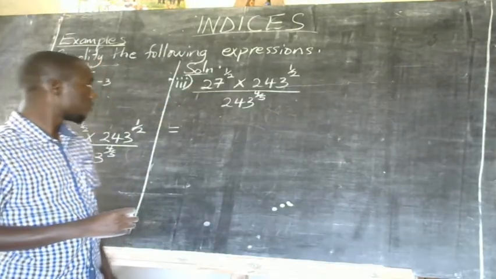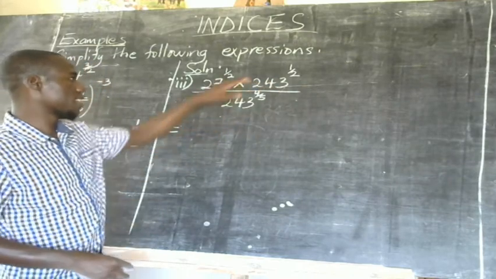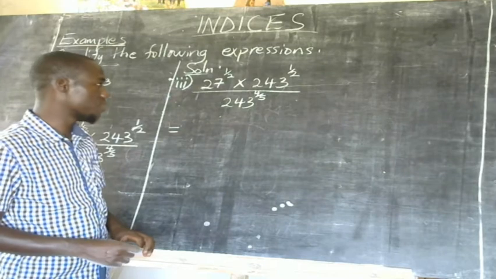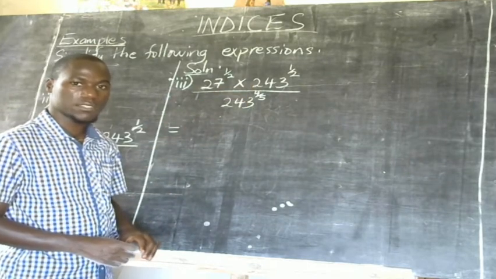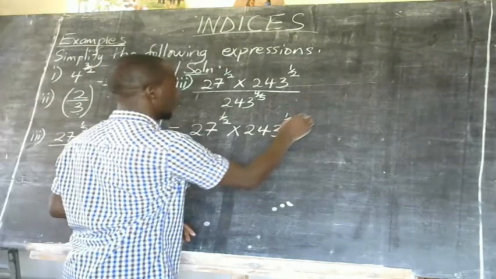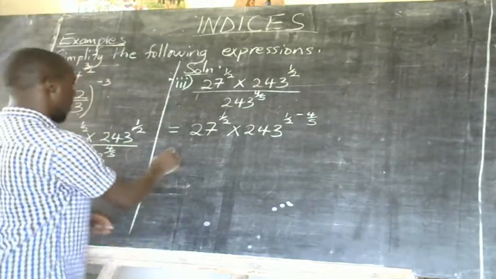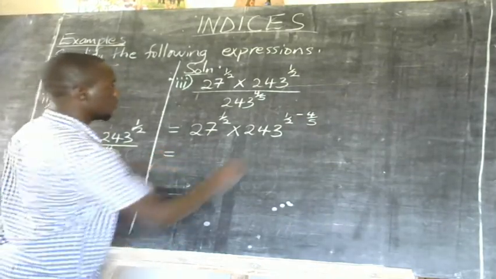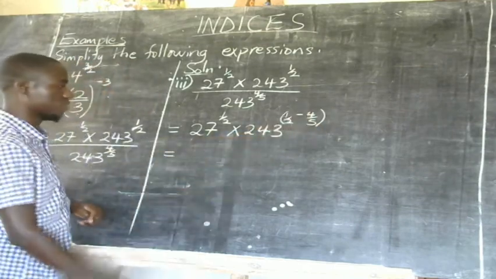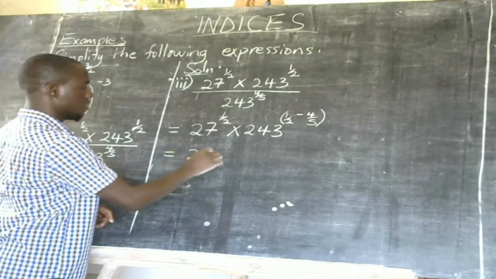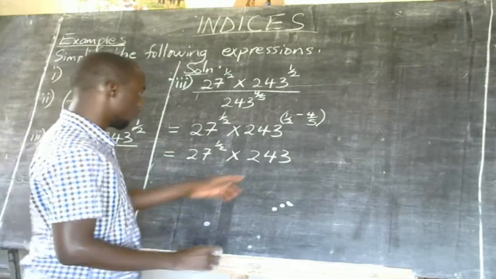Roman 3, the 243 is appearing in the numerator and in the denominator, so it's dividing. Now I'm going to subtract its powers. So that is the 243, a half minus 4 all over 5. Then now 27 power a half times 243.